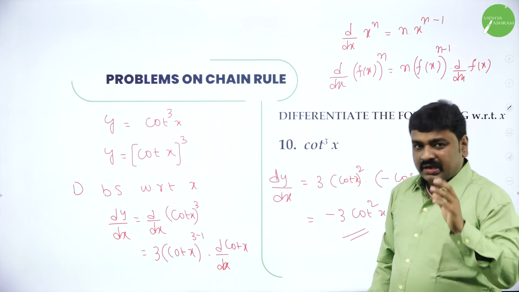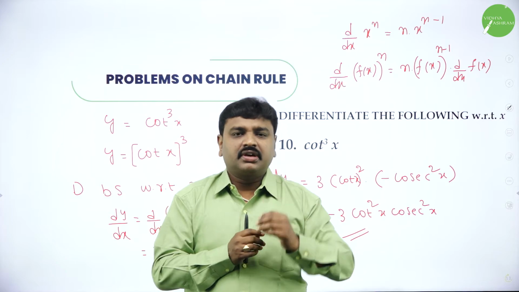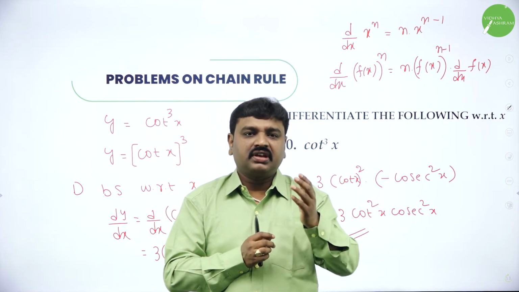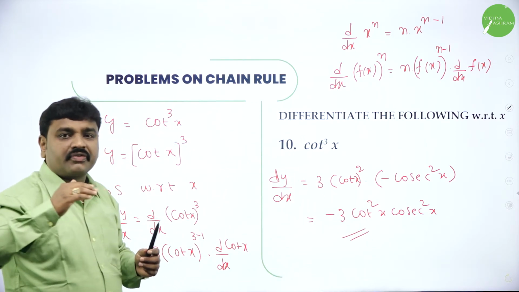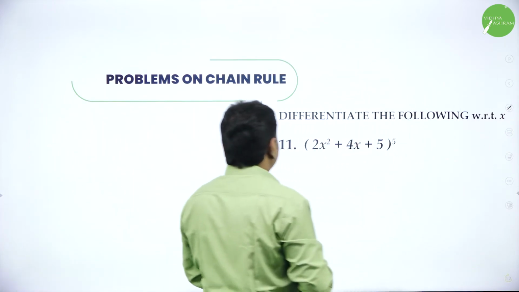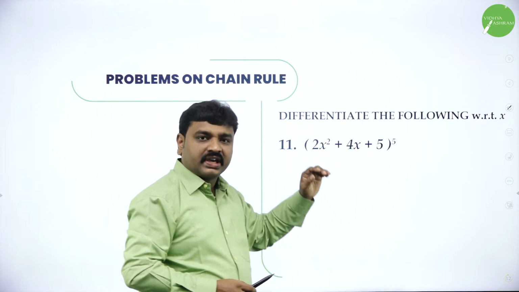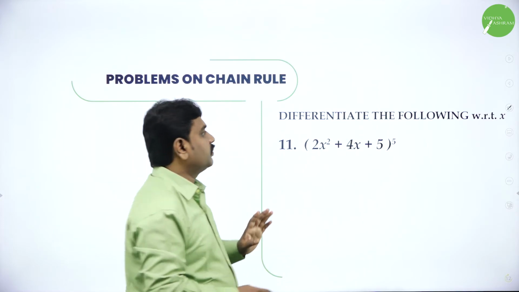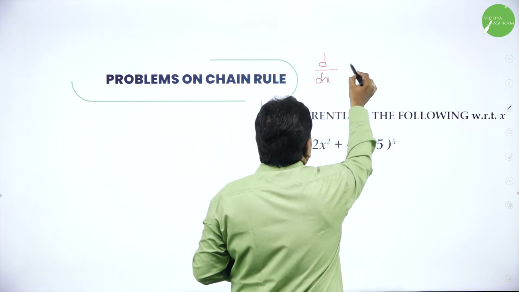Till now we have done problems of the form root f of x, and then we have done problems of the form e power f of x, then log f of x, sin f of x, and so on. Now it is in the form f of x power n. Now we have 2x square plus 4x plus 5 whole power 5. Again this is in the form function power n. So let us recollect what is d by dx of f of x power n.